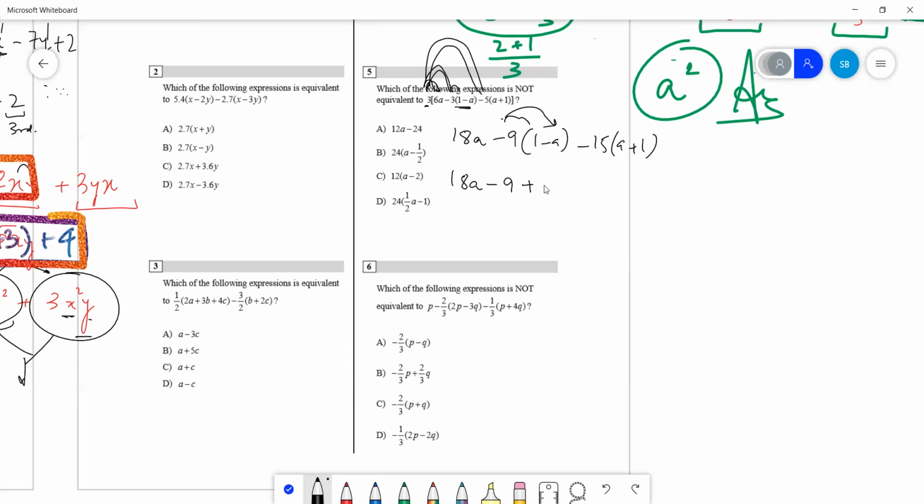Correct. Positive 9a. And then negative 15 times a equals negative 15a. Correct. And negative 15 times 1, how much will it be? Negative 15. So any like terms?